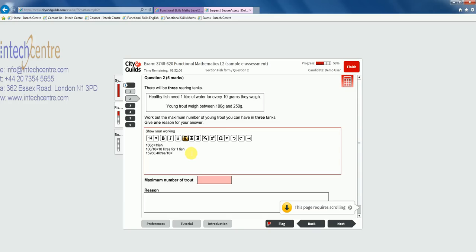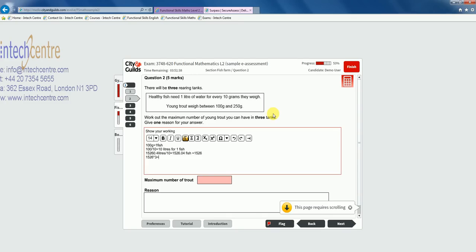This gives us 1526.04 fish. But obviously I cannot have 1526.04 fish. I'm going to round this number to 1526. I'm going to round it down. So if I have 1526 fish that can go into 1 tank, I will then need to multiply this by 3 for the 3 tanks.